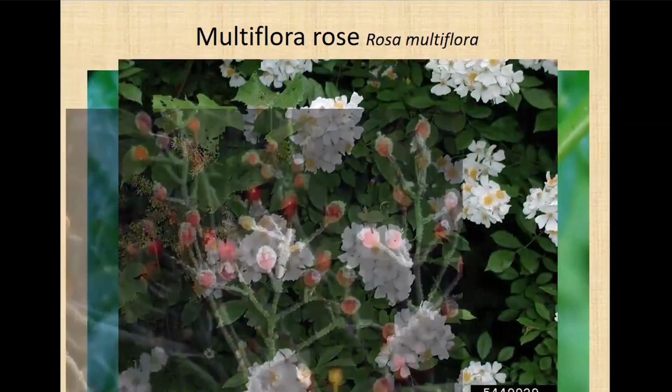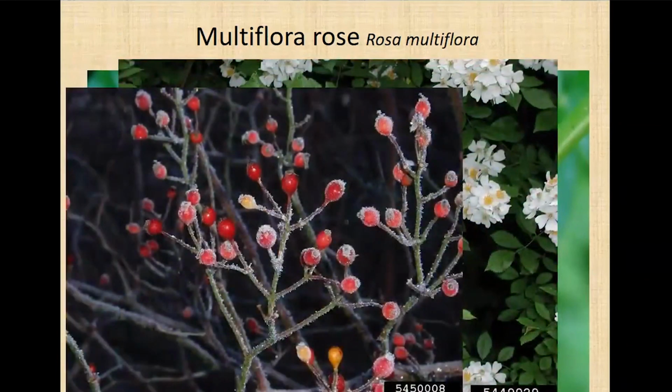Very attractive. And going along with those smaller but multiple flowers, the hips on Multiflora rose that are produced by those flowers, oftentimes many of them in a flower cluster, are relatively small, typically a quarter inch or so or less. Many of our native roses have fewer hips, but they're larger, oftentimes a half inch or so.